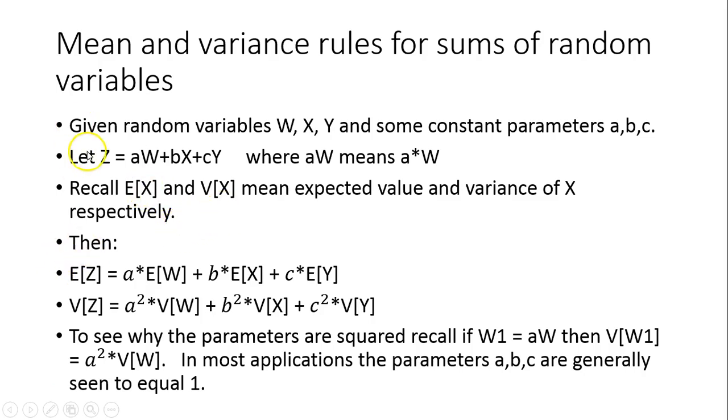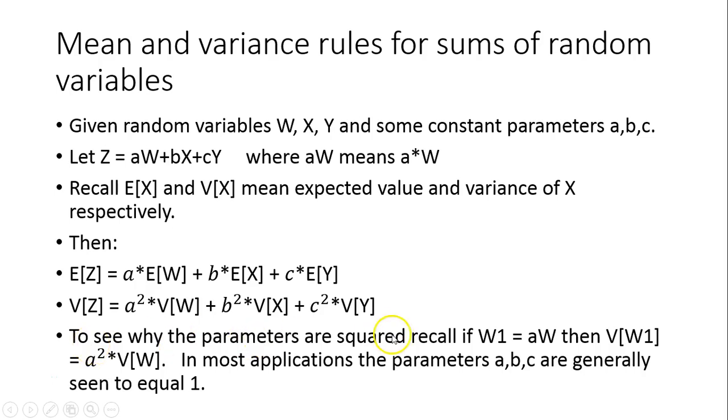Then, if I know how I summed up the random variables and how I got z, and I know their variance and expected values, for w, x, and y, by these rules here, I can get the expected value and variance of z. This is what it's saying here, okay?